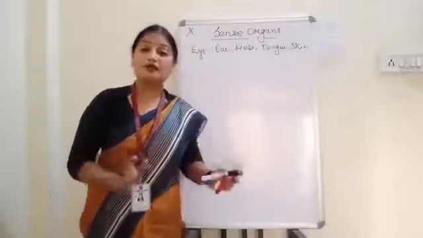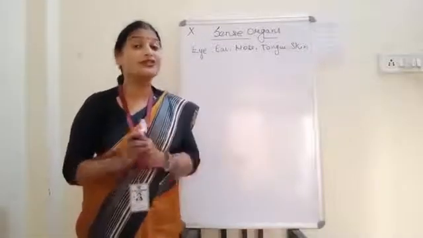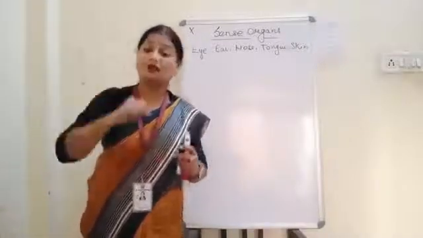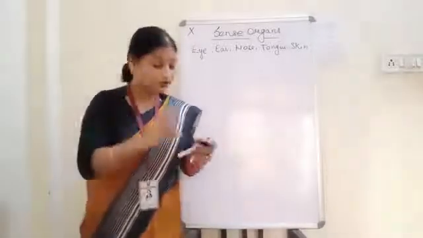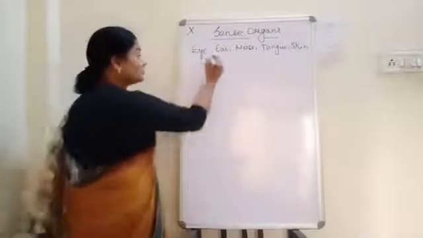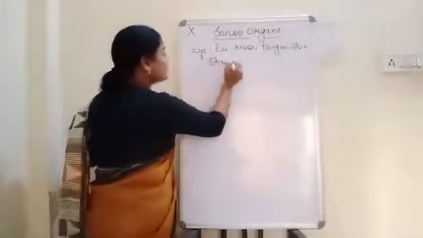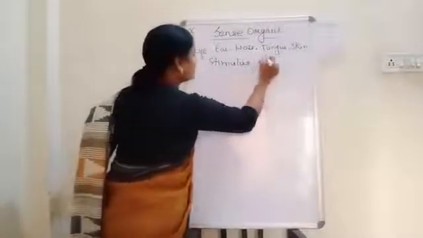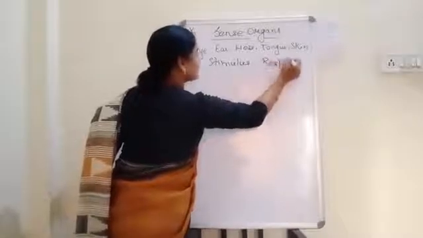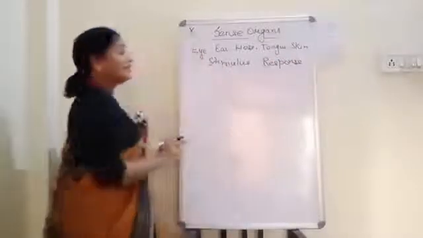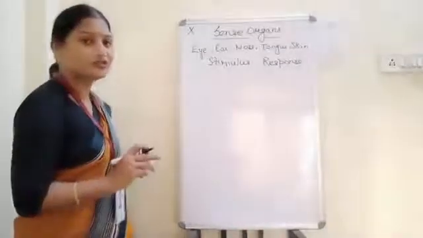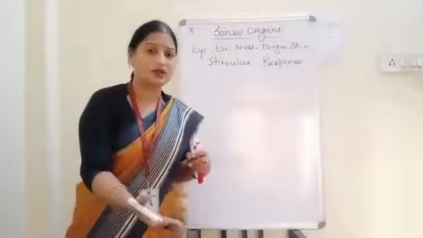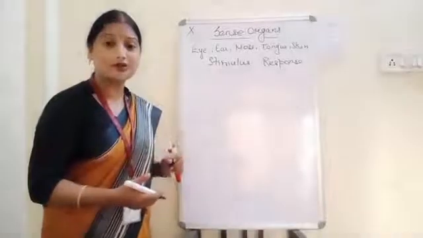Okay. So, what is this? The meaning of sense organ: the organ which receives the stimulus from the environment and responds. Okay, so we got 2 words here. One is stimulus and another is response. Okay, how do we get the stimulus? Because we are doing the response, but how do we get this stimulus?